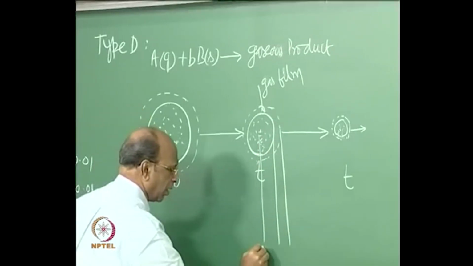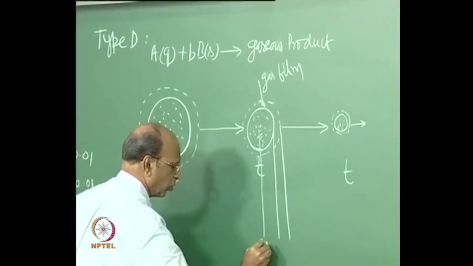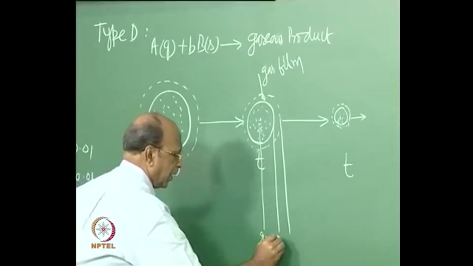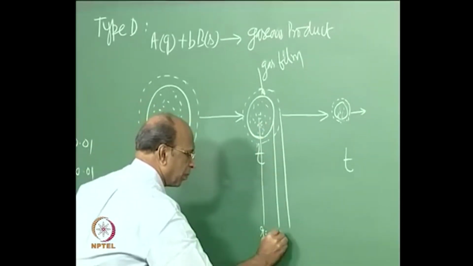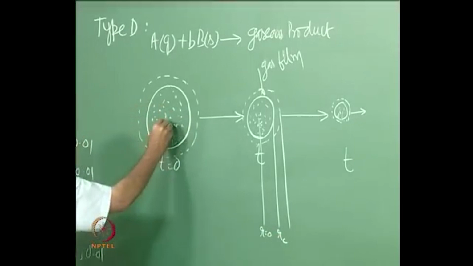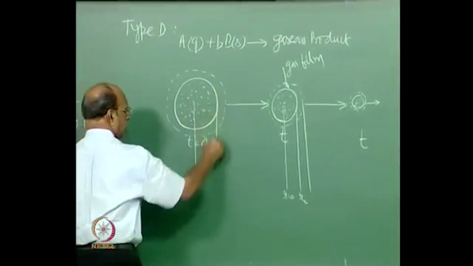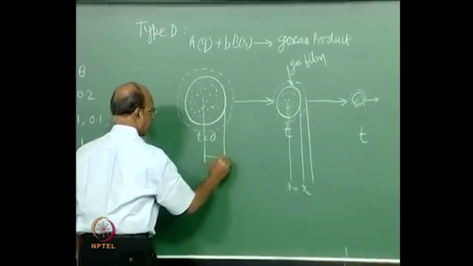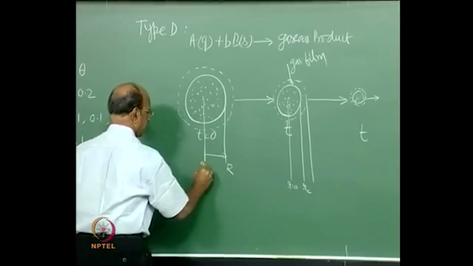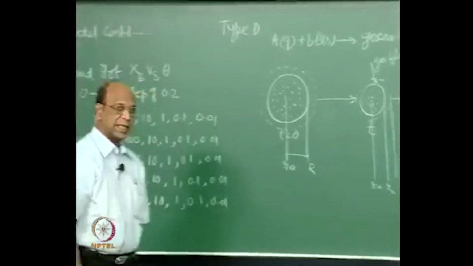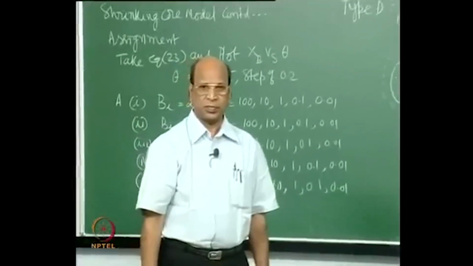this is R equal to 0, and at any time I will call it R C, and here we will call this capital R, that is initially at time t equal to 0.